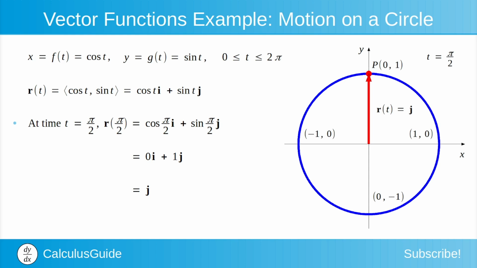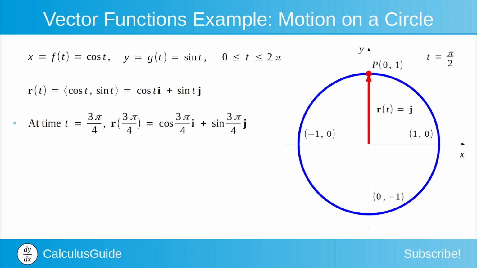I'll calculate one more position vector. At time t equals 3 pi over 4, r of 3 pi over 4 is equal to cos 3 pi over 4 i plus sine 3 pi over 4 j. Cos 3 pi over 4 is equal to minus the square root of 2 over 2. And sine 3 pi over 4 is equal to the square root of 2 over 2.